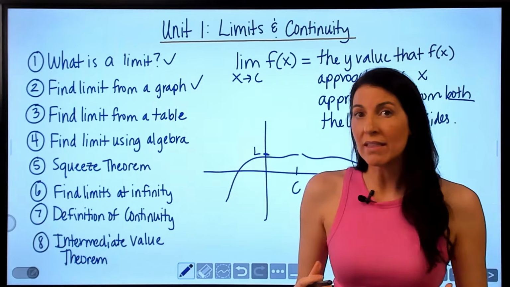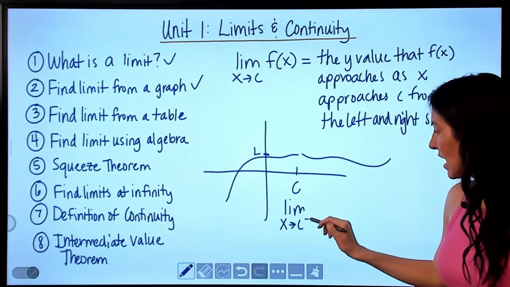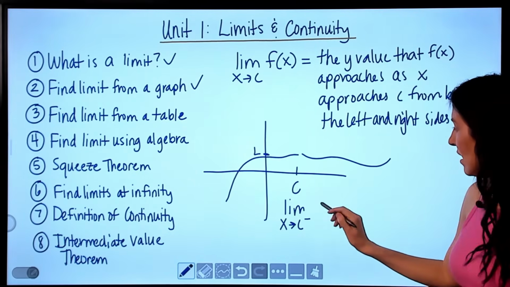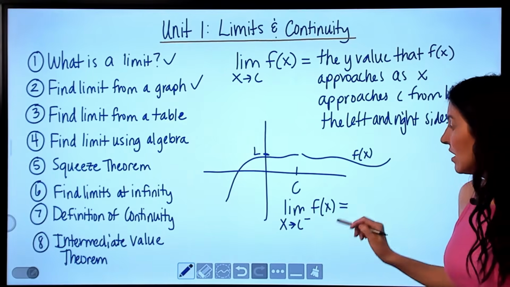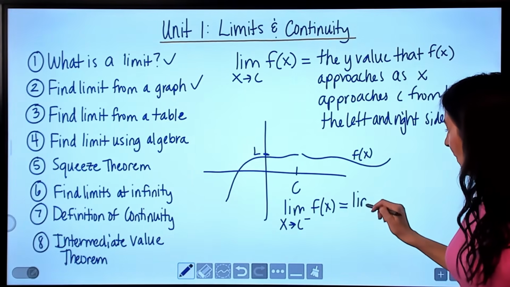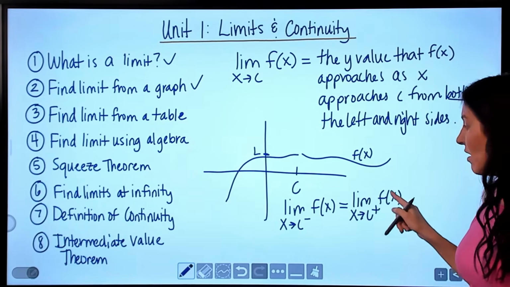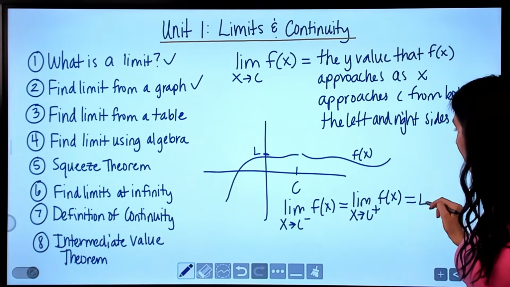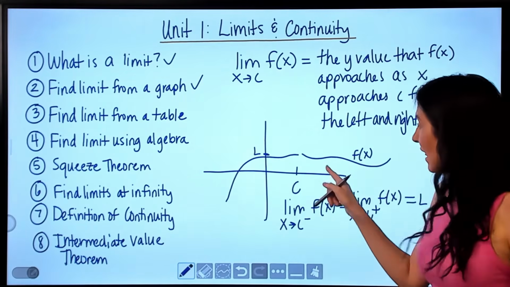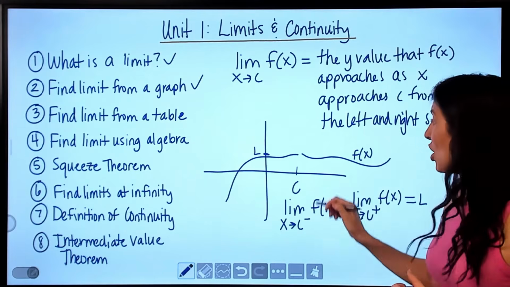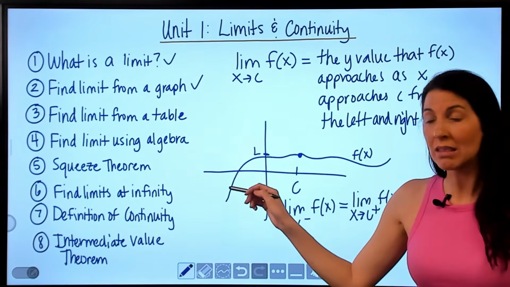So the way that we would write this out is I want the limit as x approaches c from the left-hand side of f of x, if this is the function f of x, to equal the limit as x approaches c from the right-hand side of f of x, and I want both of them to equal this limit L. Now, from the left and the right-hand side, you could be approaching a singular point, and then L would be the limit.